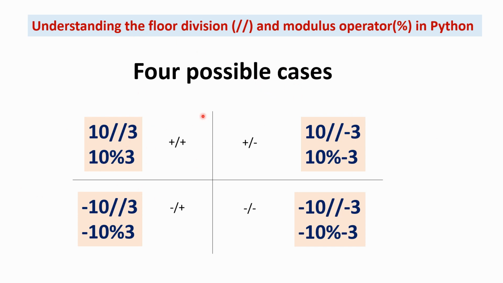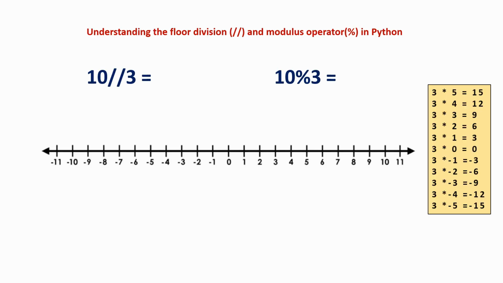So I'll be taking the first case. Let us go to my first case. Now 10 float division 3. This is my number line. You can see my number line, and this is your 10. Now 3, it is float division 3.